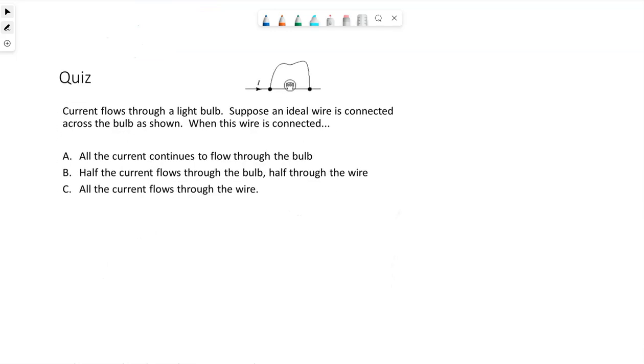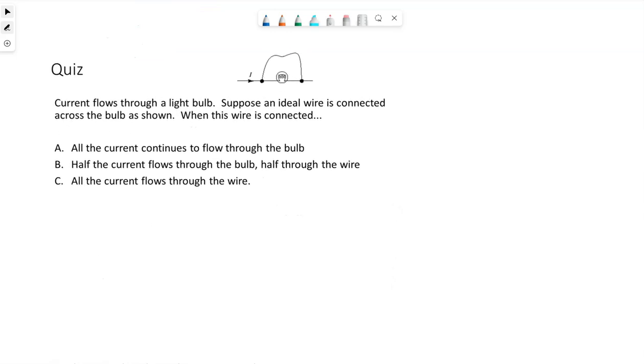So here is our first question. The correct answer here is C. Now, an ideal wire, we're assuming connecting wires have zero resistance.